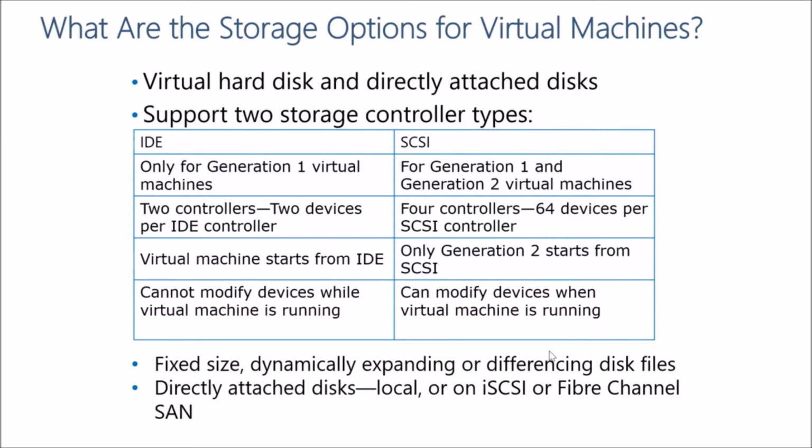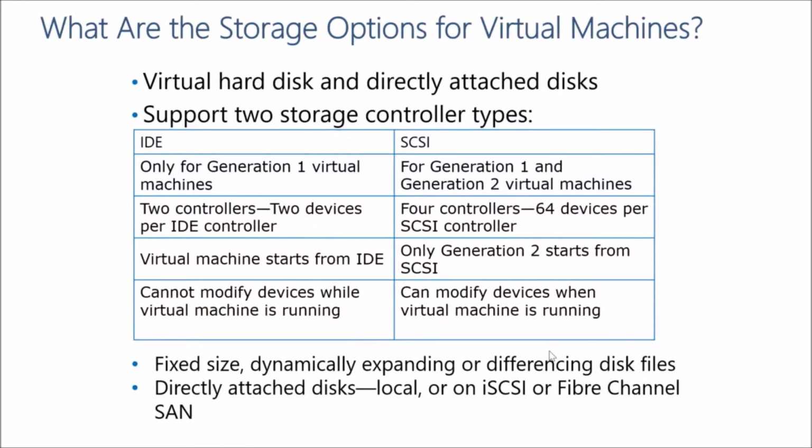All right, so we're talking about generation 1 and generation 2. As the name suggests, generation 1 is older than generation 2. There are some features in generation 2 which are not available in generation 1, and generation 1 were around in the times of Server 2008. It's a bit like what we understand in VMware with the hardware compatibility.